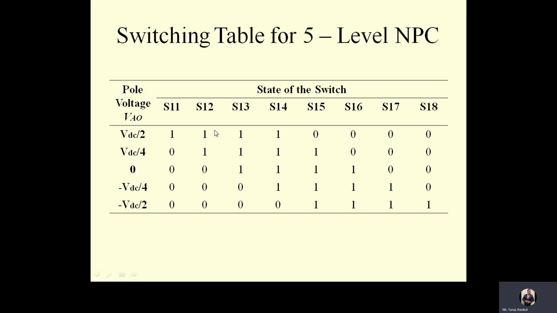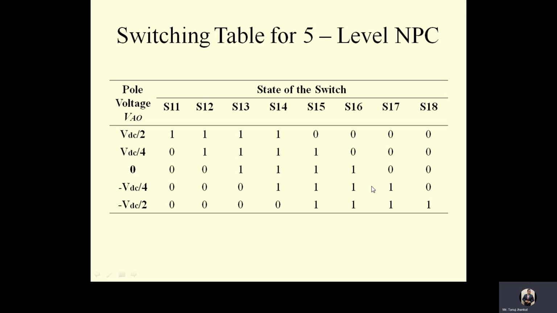So to achieve the VDC by 2 voltage, the maximum voltage, we have to close all the upper switches. And to obtain the lowest voltage, which is minus VDC by 2, we have to connect or close all the bottom switches.